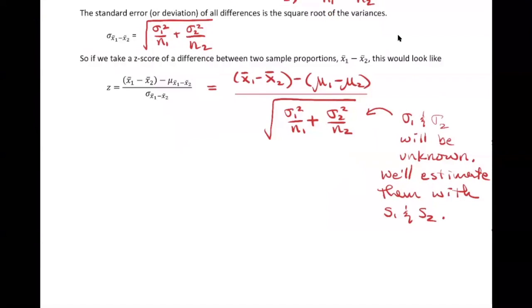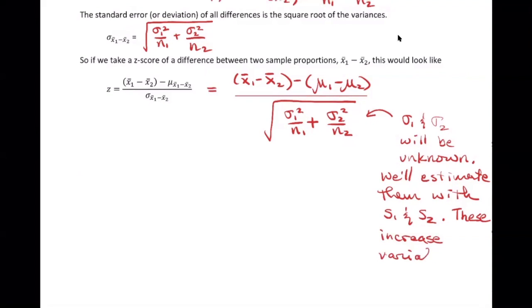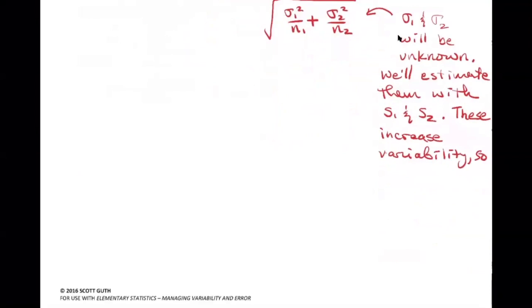Those vary from sample to sample. So let's just say these increase variability. Population standard deviations don't vary. So Z will become T.